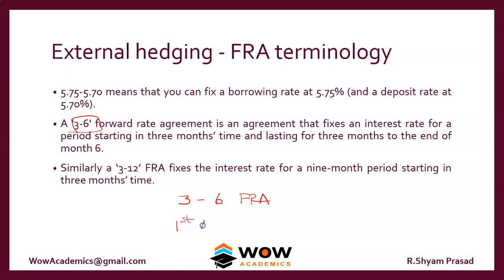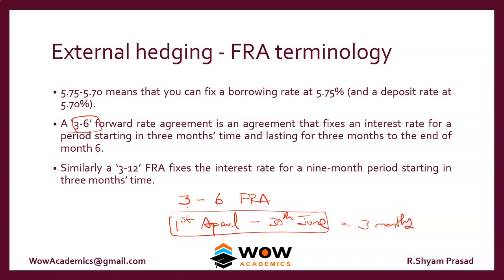So it will start on 1st April, and from April, May, June, up to 30th June, the contract will run. So essentially, this is for a period of 3 months only. So the first number indicates the start of the FRA period, and the ending number tells the month in which the FRA gets over.